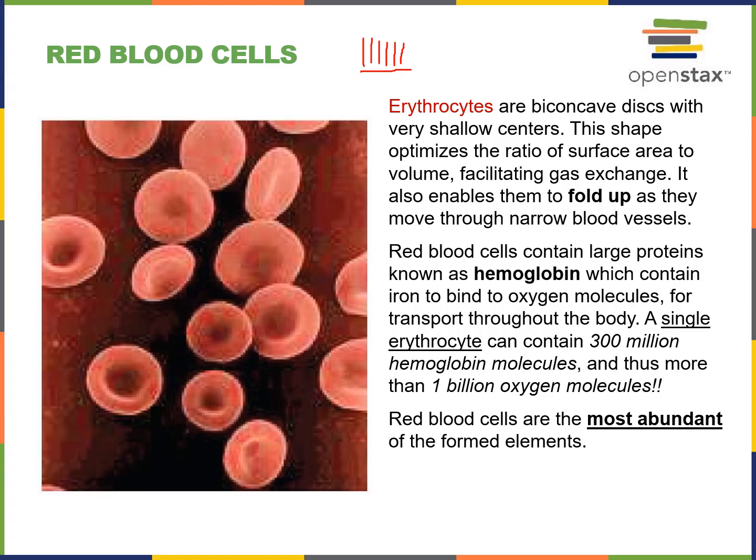The other thing that this shape allows the cells to do is that they can fold. So because of a flat center, they can fold over, and that allows them to move through narrow blood vessels. So the blood vessels that we're going to talk about in the next lecture, the next topic, would be arteries, veins, and capillaries.